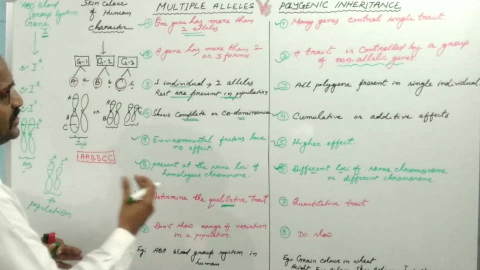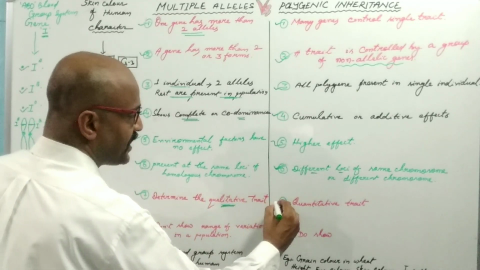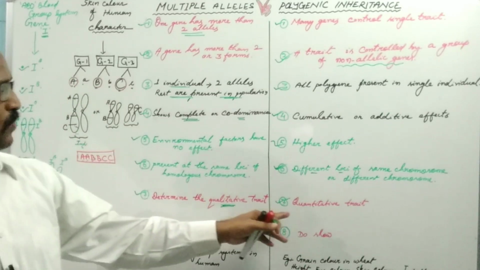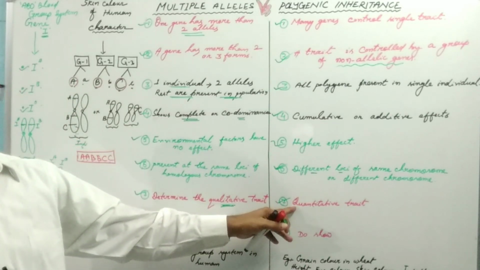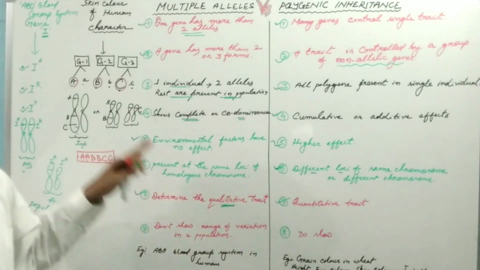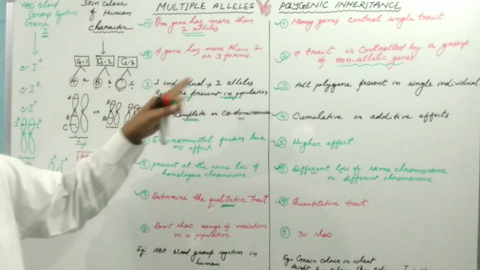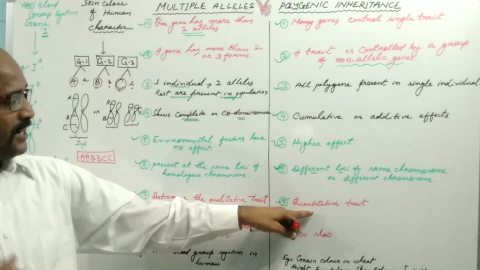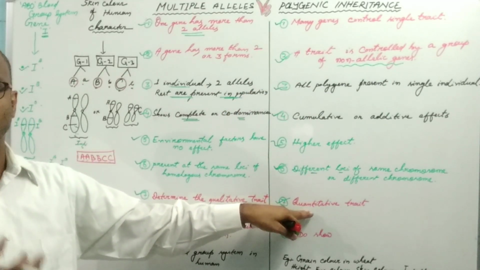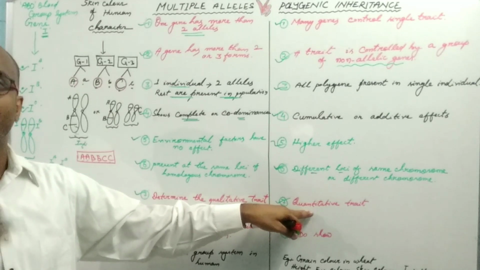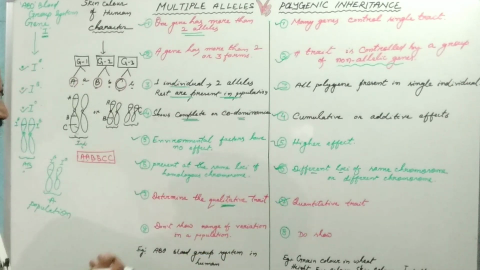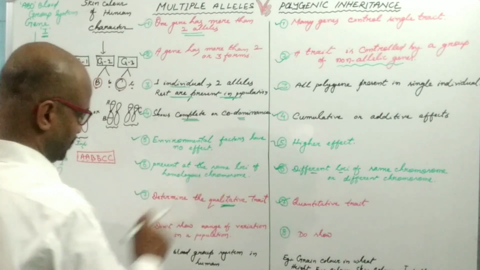That's why polygenic inheritance is also known as quantitative inheritance, because the phenotypic expression of polygenic traits can be described and measured by a quantitative parameter.